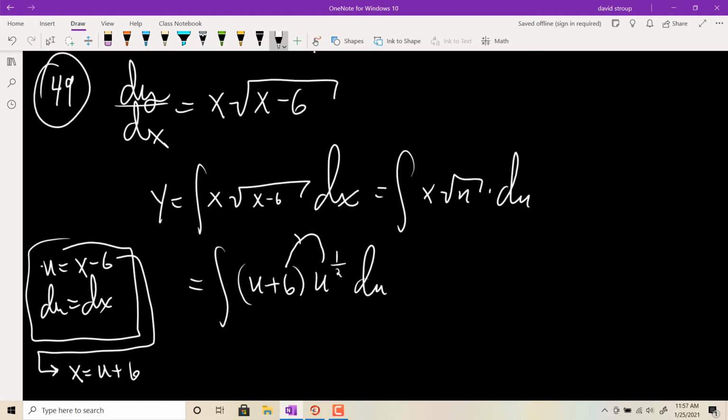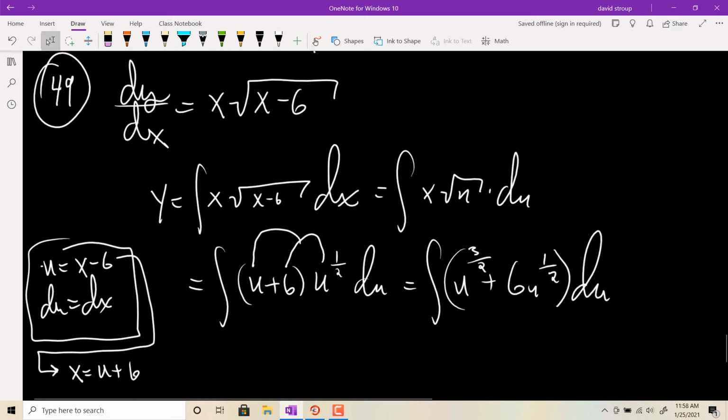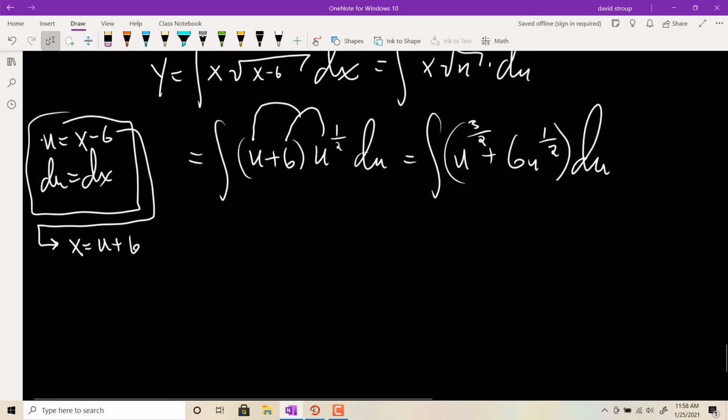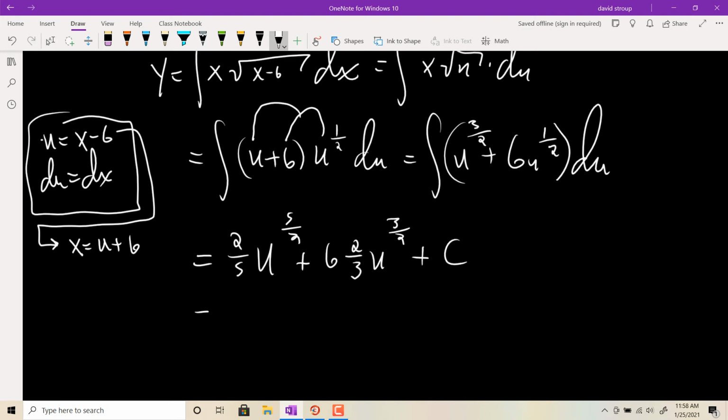And so we can distribute the u to the 1/2, and you have u to the 3/2 plus 6u to the 1/2 du. And then you just do power rules, and you should be home free. So I have u to the 5/2 times 2/5 plus 6u to the 3/2 times 2/3 plus c, and then you have the back substitution.